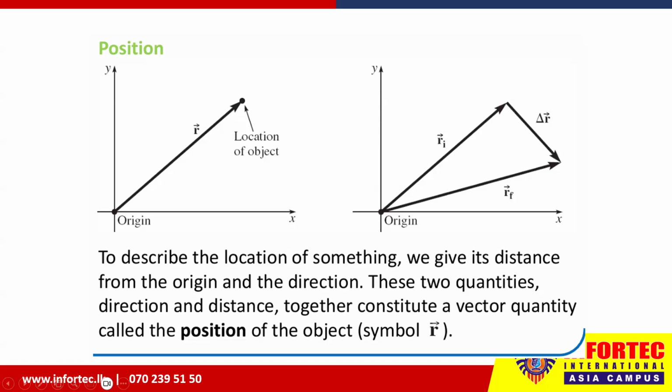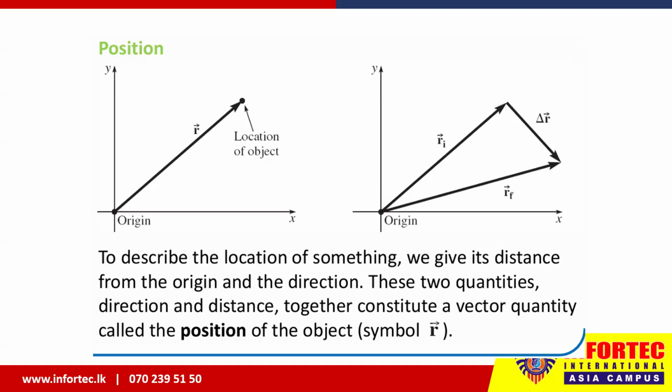These are two quantities you can see: one is direction and the other is distance. Together they constitute a vector quantity called the position of the object, and symbolically we represent it as r. Here r has an arrow because it represents the direction of the position, right? The position describes the location of an object relative to some reference point or origin.